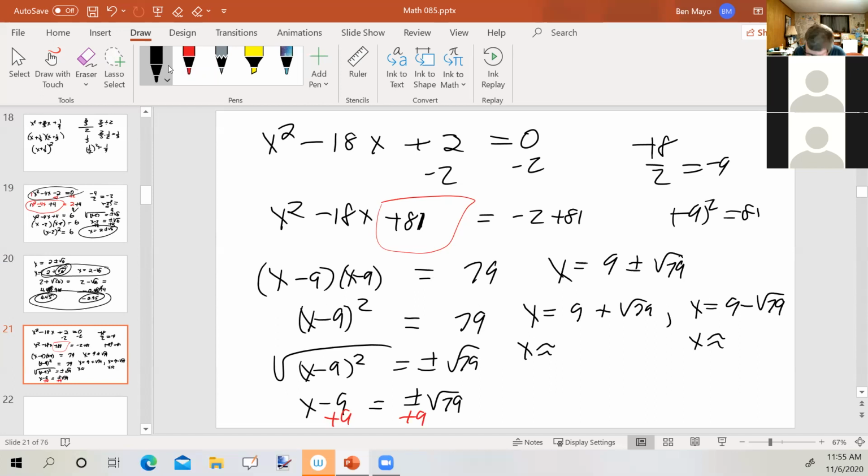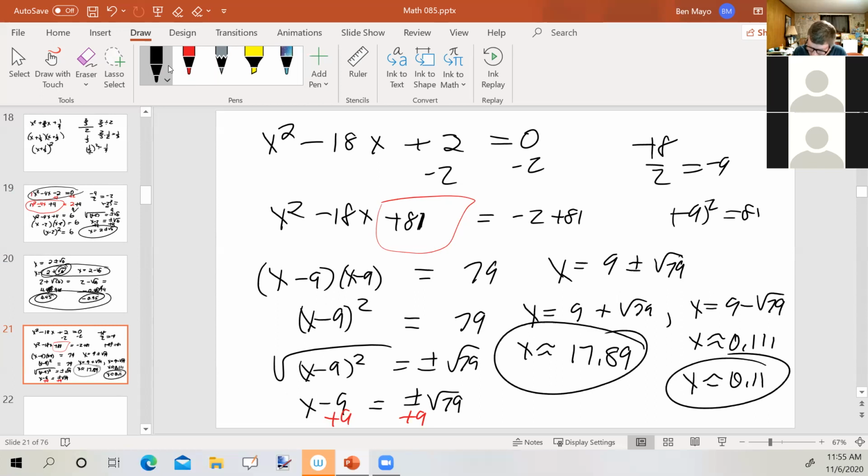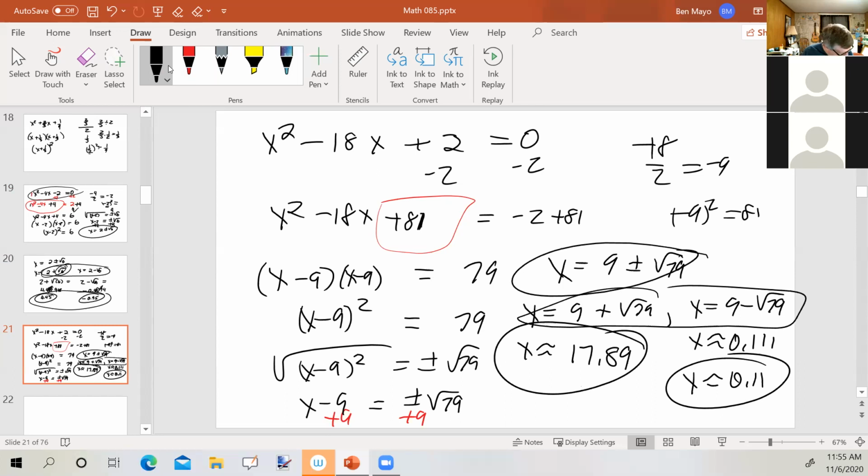And I'm getting 17.888. So that would round off to 17.89. And then 0.111, which would round off to 0.11. So here are my two exact answers, and then here are my decimal equivalents.